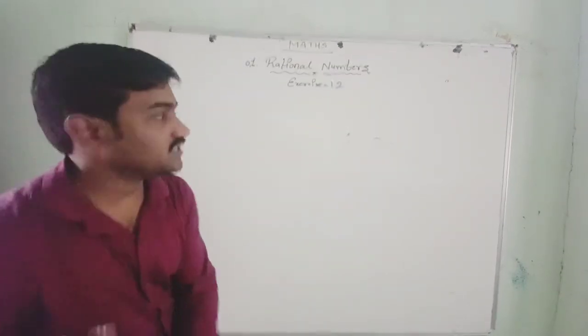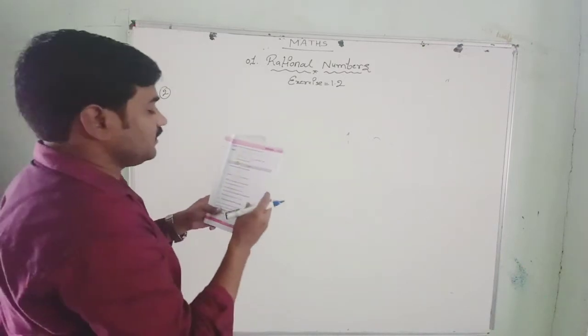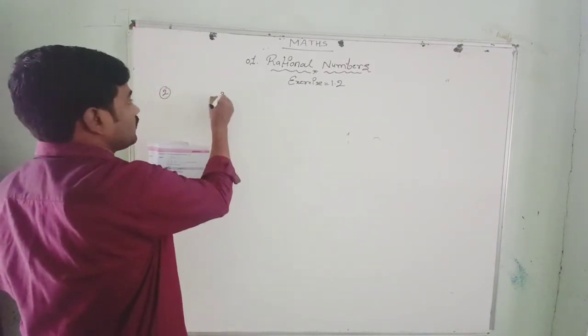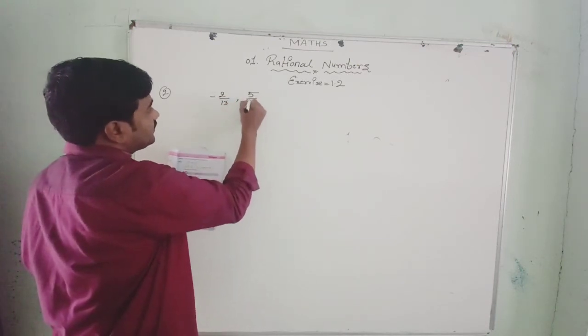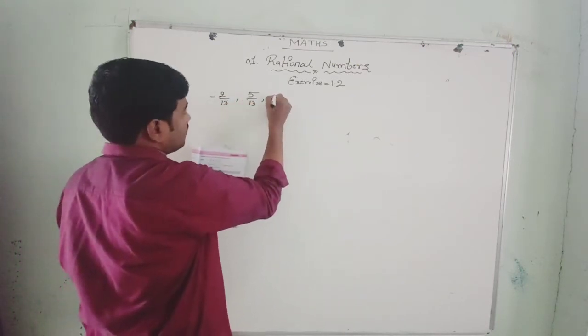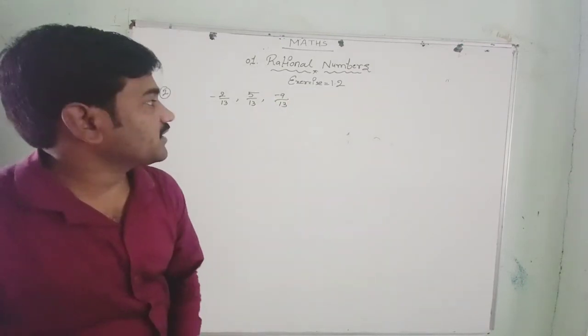The second one is also a representation. Represent -2/13, 5/13, -9/13 on the number line. How to represent these numbers?